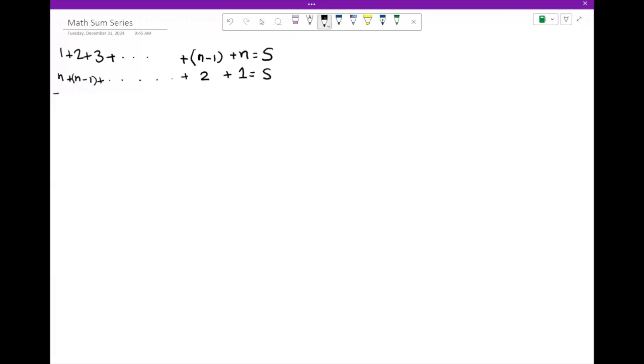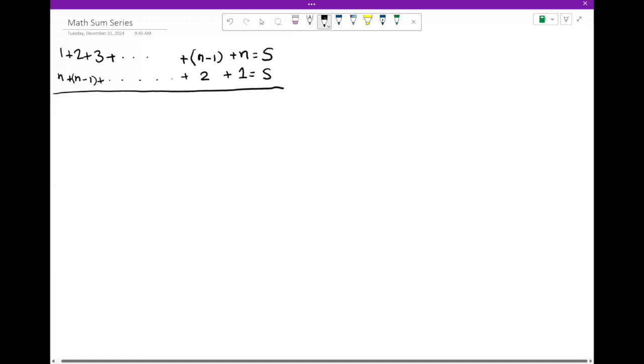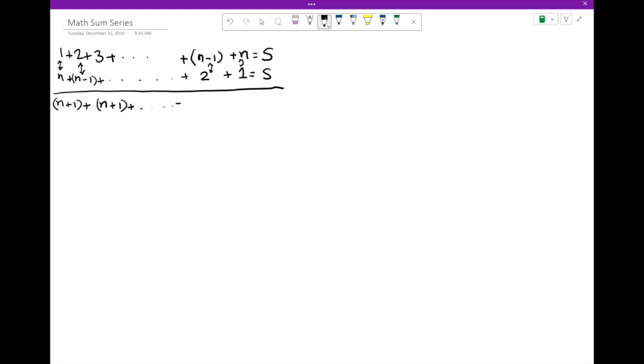And if we sum these two up, all of the terms become n plus 1. As you can see, there are n plus 1, n plus 1, and this one will also be n plus 1. And the right side will be 2s.